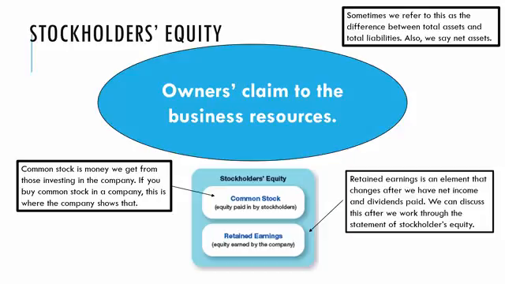Retained earnings then is the changes we have when we put in net income, we take out any dividends which are paid. Common stock is the money we get from people who choose to invest in our company. We sell them stock, and we record that stock, and we call it common stock, and so we keep track of it, and it becomes a part of stockholders' equity.